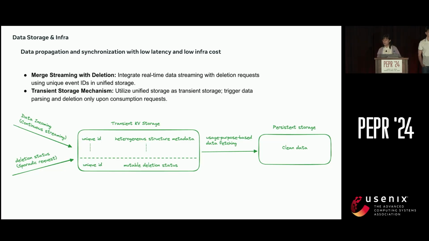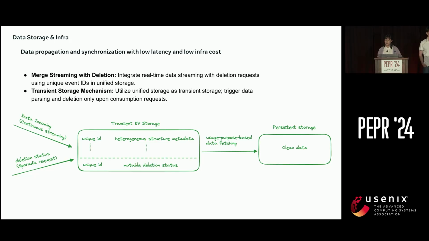And in this unified storage, instead of pre-processing the data, we only parse the data when there's a need to consume it, such as when an ads request comes to fetch the user's history. At the time we hit the request, the data is parsed according to the deletion status or usage status, depending on where the request comes from, like which product or which service.